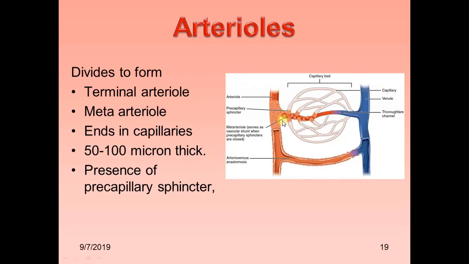The meta-arterioles are characterized by the presence of pre-capillary sphincters, and you all know that because of this, they are responsible for the peripheral resistance, because they exert this pressure on the wall, which we record as the blood pressure. So arterioles, terminal arterioles, branching out from them are the meta-arterioles, which end in the capillaries.